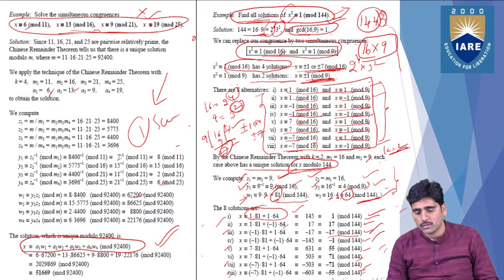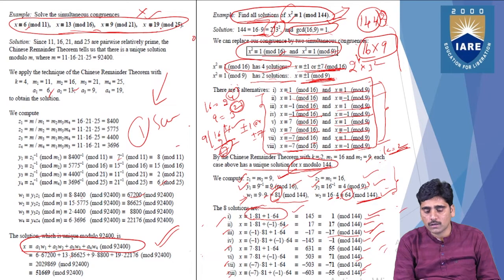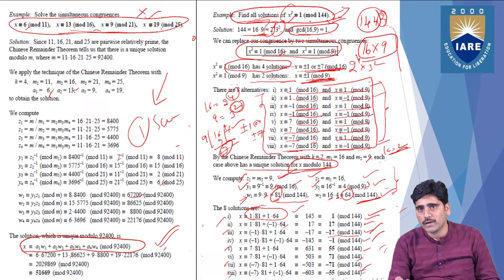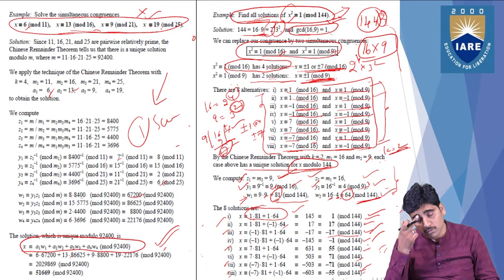So giving the simultaneous congruences and finding the unique solution, or giving the unique solution and finding the different possible solutions, different congruences, is the other way. This Chinese remainder theorem is completely based on simultaneous congruences along with the modulus concept. The modulus concept and the congruences are combined together, and then they will find each and every value of the solutions, right?